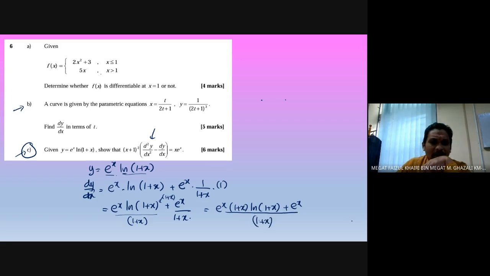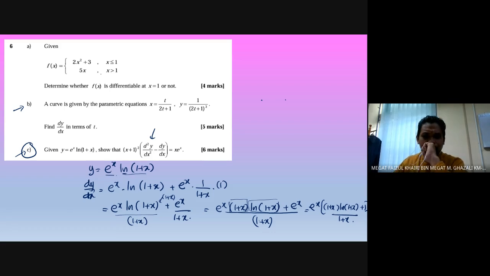Okay, looks complicated, because we have 1 plus x and ln(1 plus x). So between this e^x and e^x, if we factorise, it gives you e to the power of x, times (1 plus x) ln(1 plus x) plus 1, divided by 1 plus x.